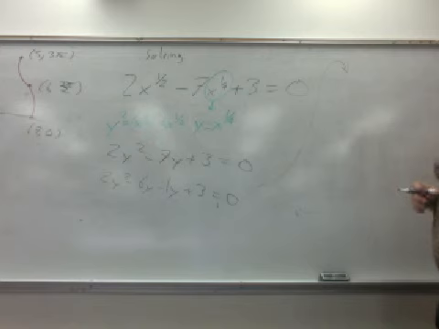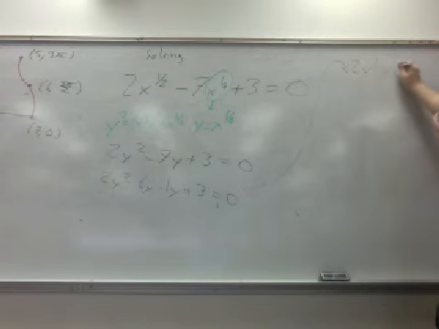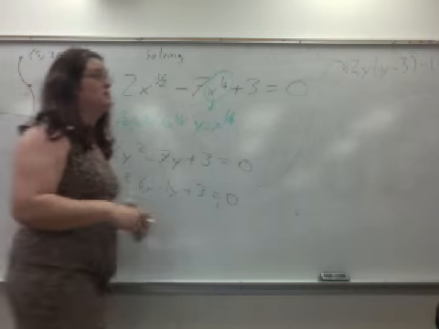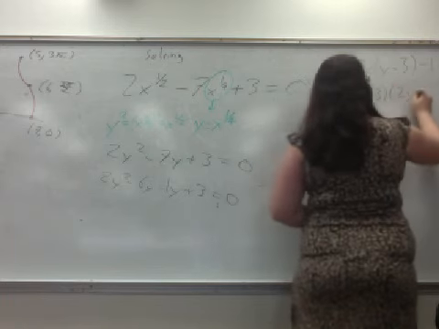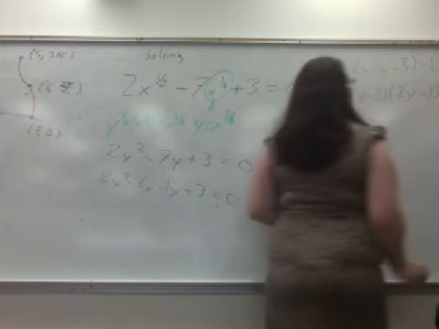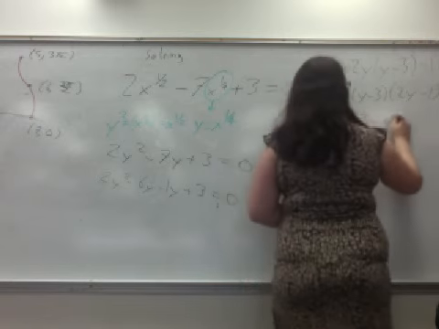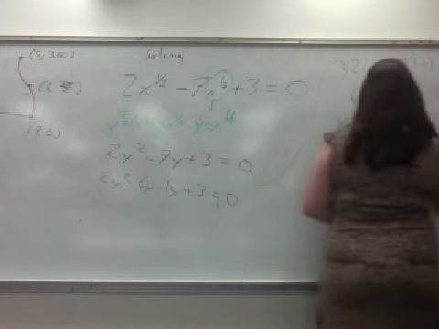Take a common factor out of the first 2 terms. That common factor is 2y. Take a negative 1 out of the last 2 terms. You get 2y times (y minus 3) minus 1 times (y minus 3) is 0. Take out a (y minus 3).